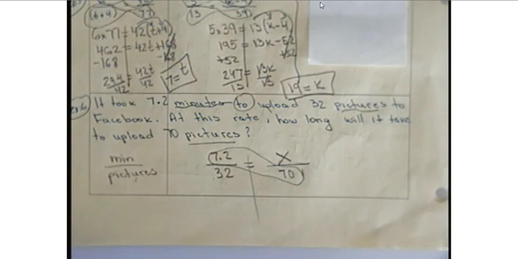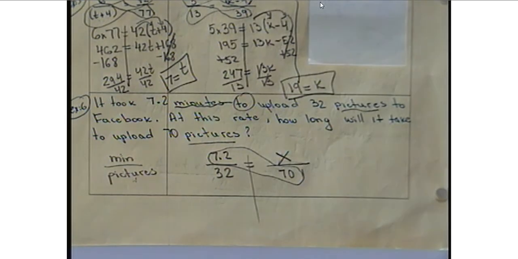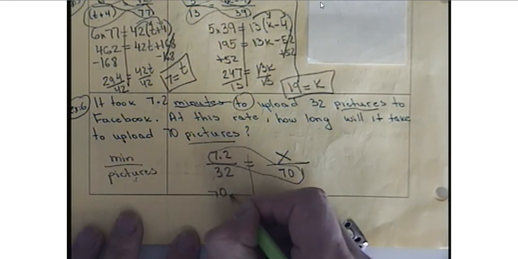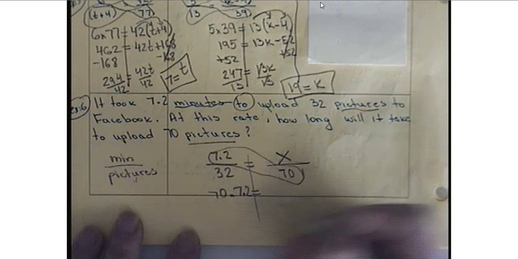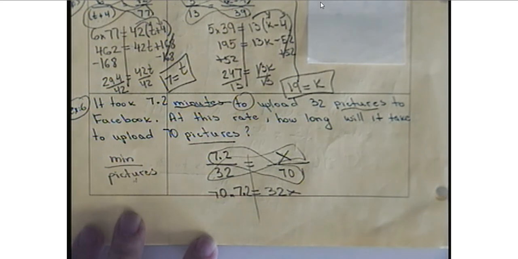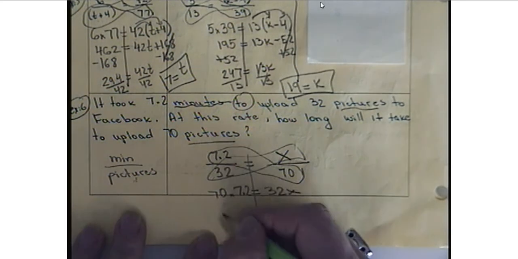So it's going to be 70 times 7.2 equals 32x. 7 times 7.2 is 50.